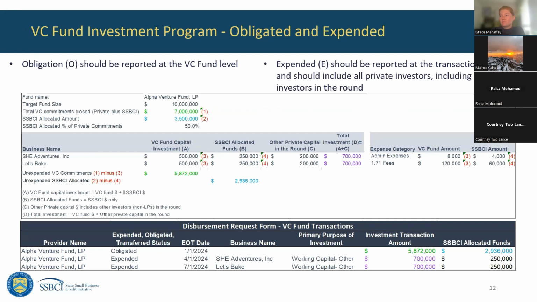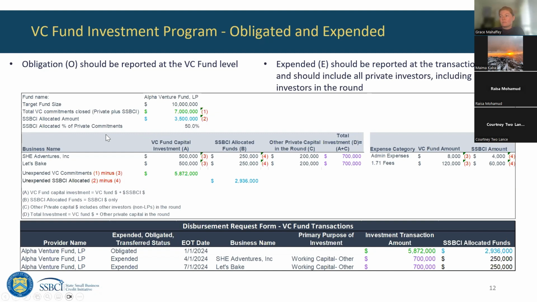Okay, so here we're going to get into how participating jurisdictions should report fund investment program obligated and expended transactions separately on the disbursement request form. In the example here, the total VC commitment is $7 million and the total SSBCI obligation is $3.5 million to the Alpha Venture Fund LP.